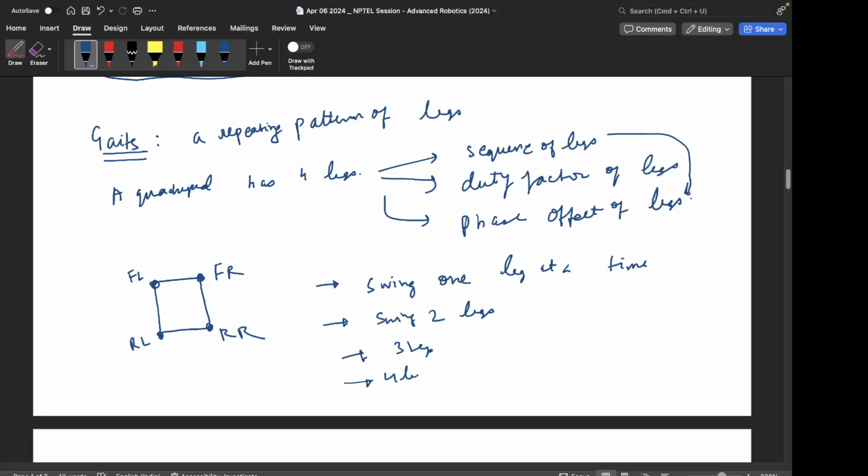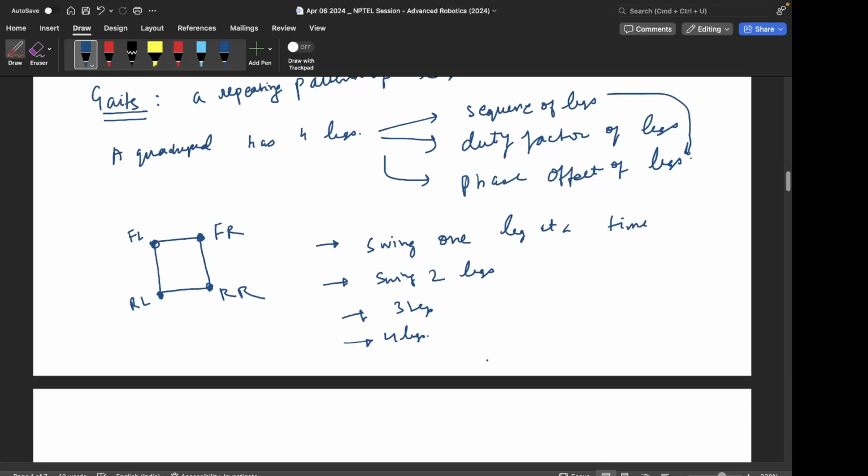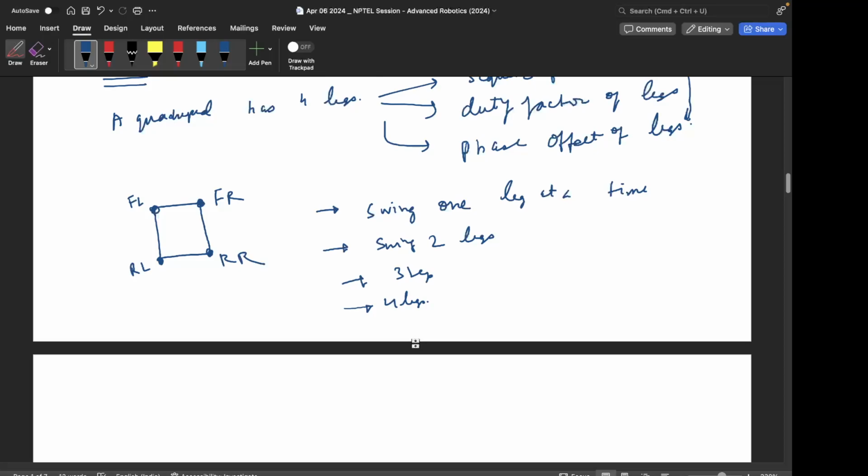So all four possibilities are there, depending on how many legs are in the air: one, two, three, or four. When no leg is in the air, the robot is just standing, so that's a trivial case. We are discussing how the robot is moving.